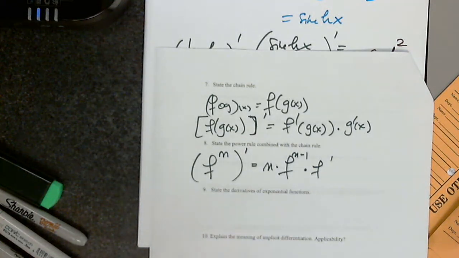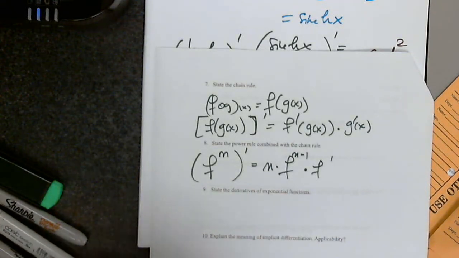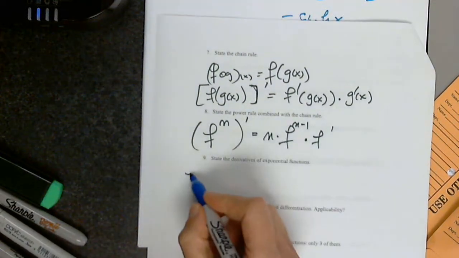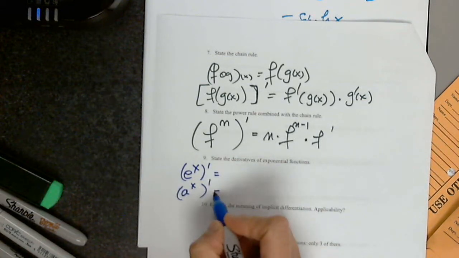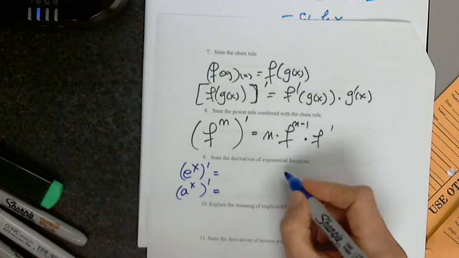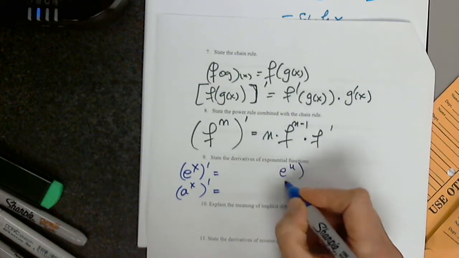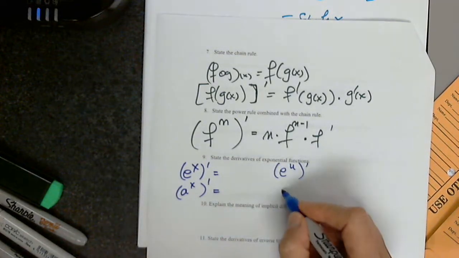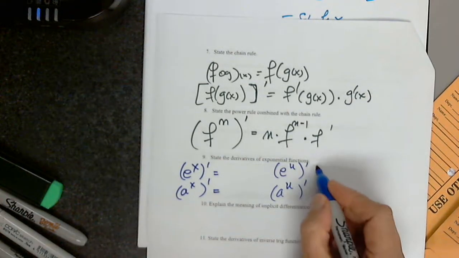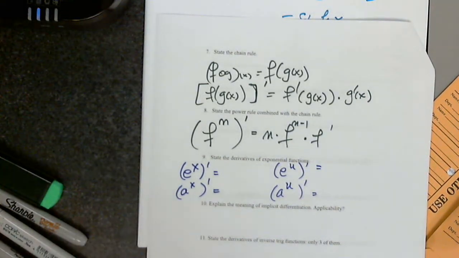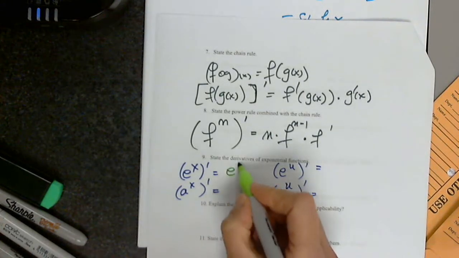State the derivatives of exponential functions. So e to the x prime and a to the x prime. And also e to u, which is a function, prime, and a to u, which is a function, prime. What do I write for the first one? The first one is always the easiest, e to the x.